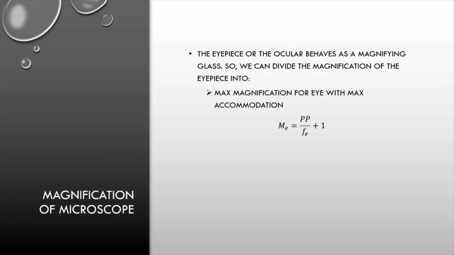So it is equal to PP over FE plus 1. While for the minimum magnification for the eye without accommodation, the angular magnification equals PP over FE. PP is the near point of the observer, and FE is the focal length of the eyepiece.